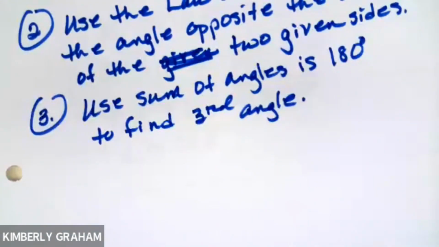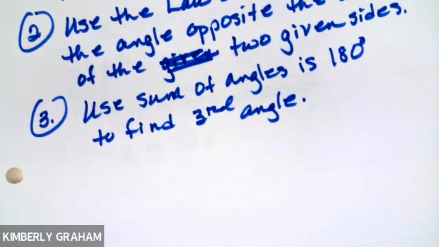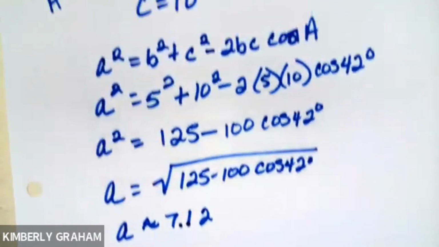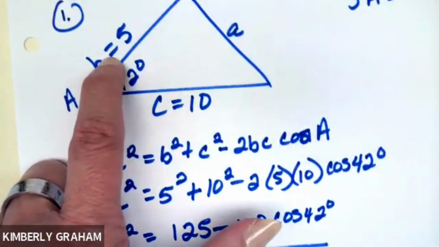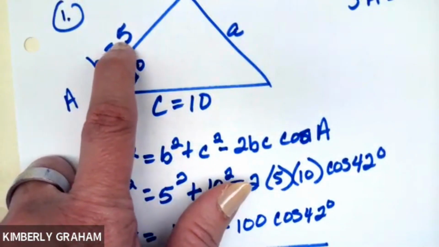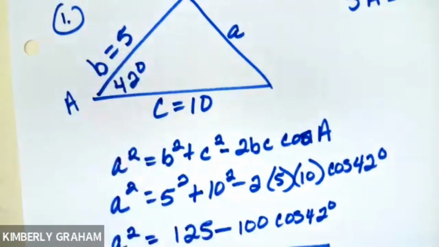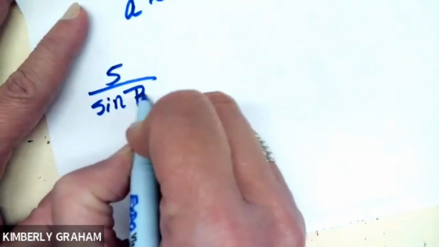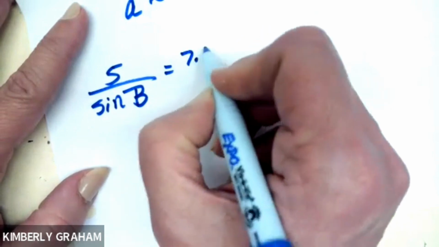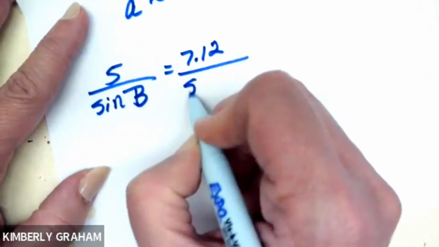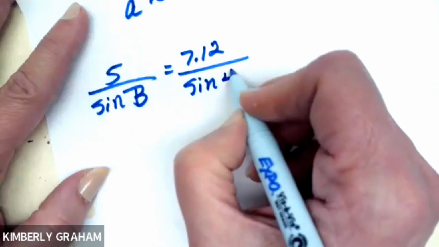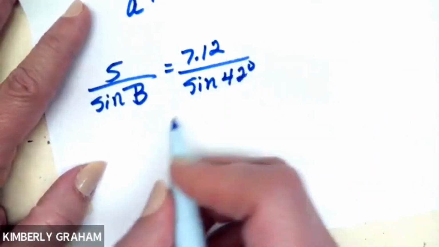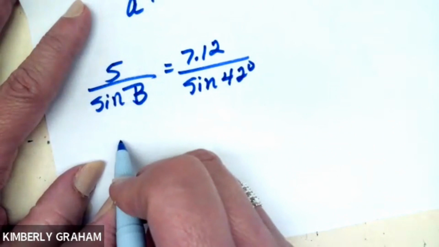Then use the law of sines to find the angle opposite the shorter of the two given sides. All right, so the shorter of the two given sides is side b. So the next thing I want to do is find angle B. So I have 5 over sine B is 7.12 over sine of 42 degrees. Cross multiply and divide here.